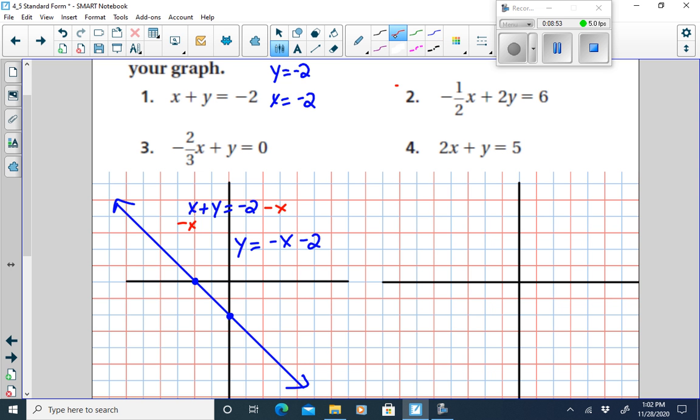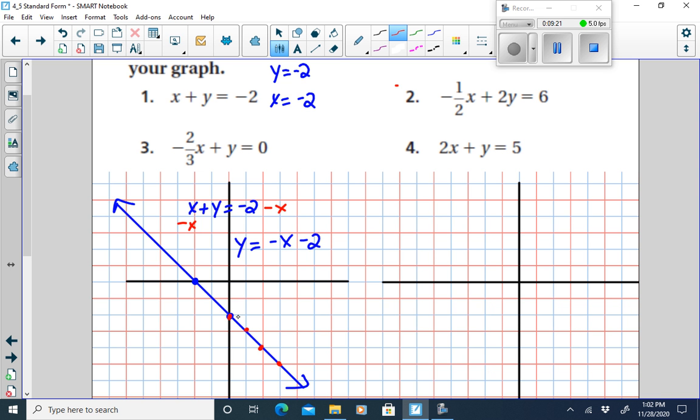And if y is equal to -x minus 2, we could check that graph. Our y-intercept is -2, that's down here. My slope is -1/1, so that would be down 1, over 1, down 1, over 1. So we can see if the equation's in slope-intercept form, we graph the equation correctly using our x-intercepts and our y-intercepts.